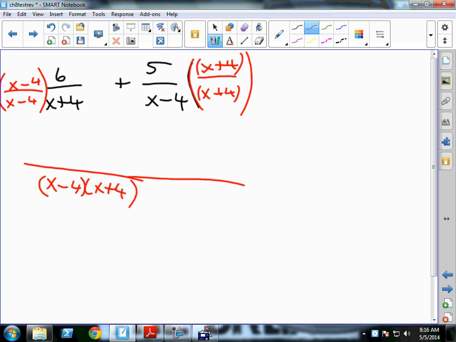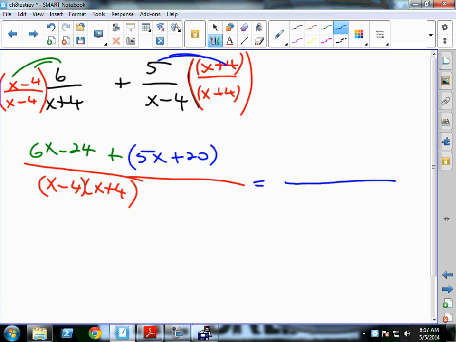Our numerator is going to be 6x minus 24 plus 5x plus 20. So everything's going to be all over x squared minus 16. We're going to get 11x minus 4. And there we go.